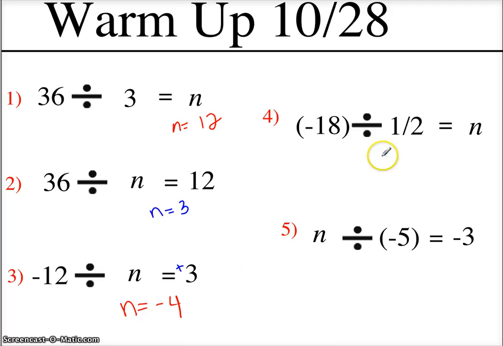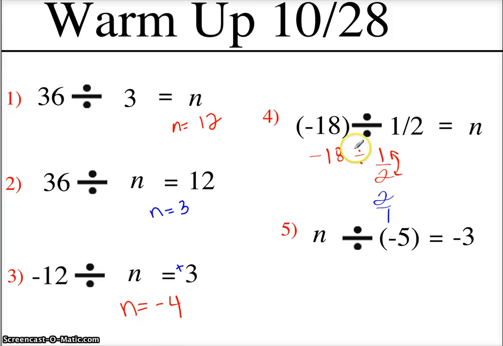Okay. Now 18 divided by 1/2 is n. Okay, so your division of negative numbers, I have negative 18, and I'm going to divide that by 1/2. Now when I divide by a fraction, it's just like multiplying by the reciprocal. So I'm going to flip these over, and I'm going to get 2/1 instead.